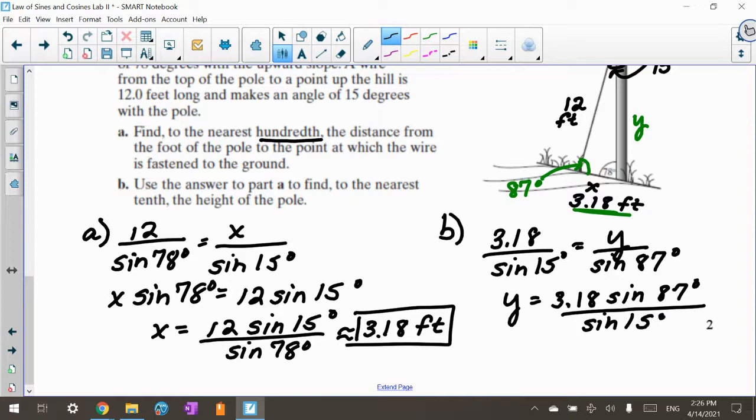If this bothers you, put the step in between. So y comes out to be, to the nearest tenth this time, 12.3 feet. That's the height of the pole right here. Okay, that's cool. I got 3 more on this one, so I hope this helps.